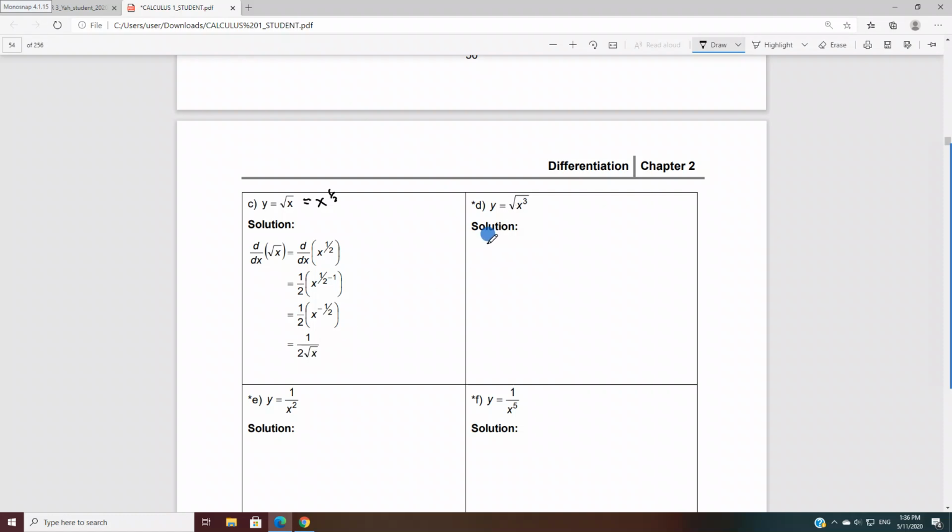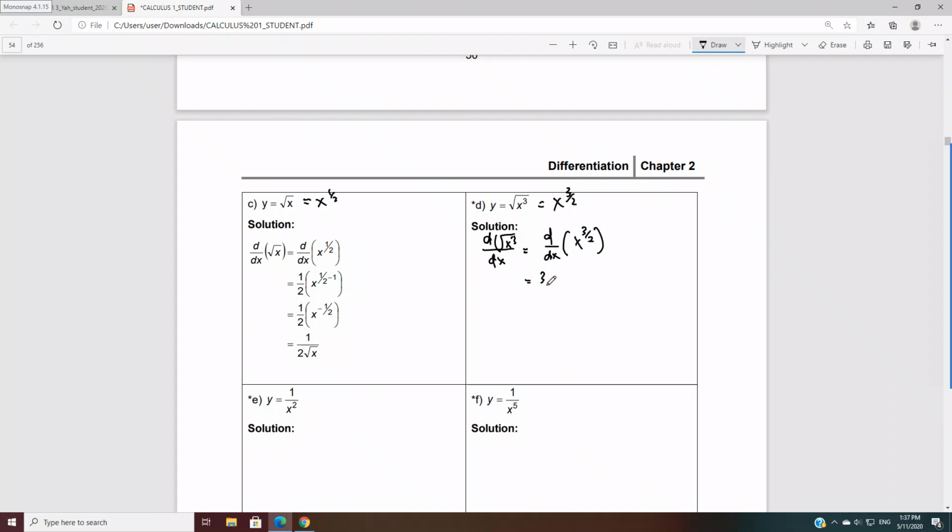Okay, yang ni kita tukar dia kepada x to the power of 3 over 2. So d dx square root of x cube equals to d dx x to the power of 3 over 2.